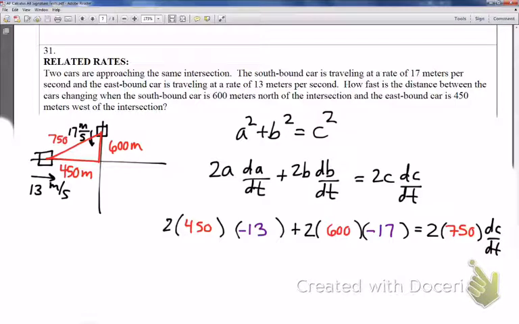So if we start multiplying, 2 times 450 times negative 13, I get negative 11,700. 2 times 600 times negative 17 is negative 20,400. And then 2 times 750 is 1,500.